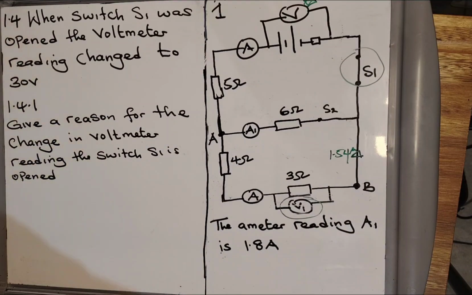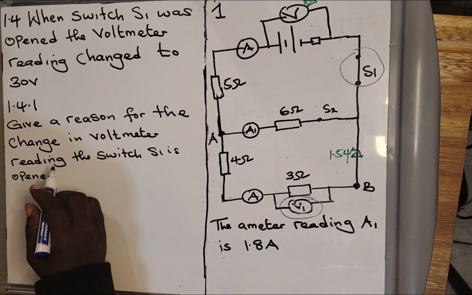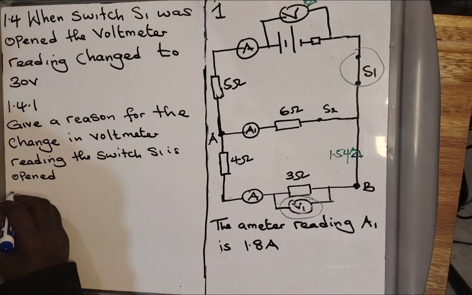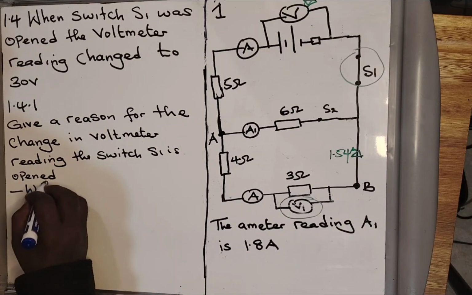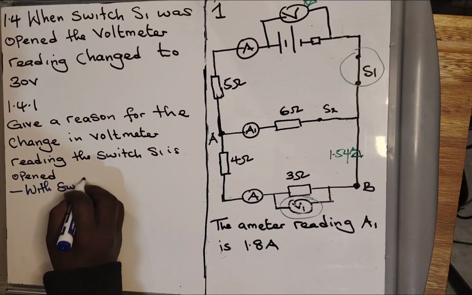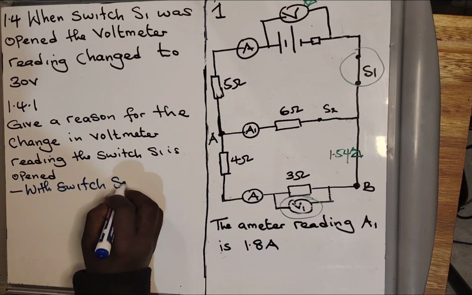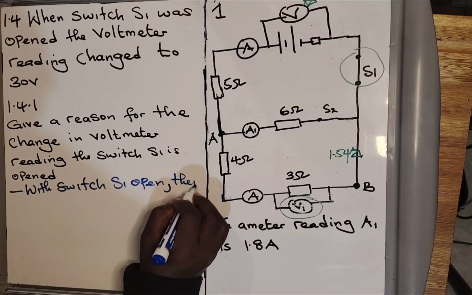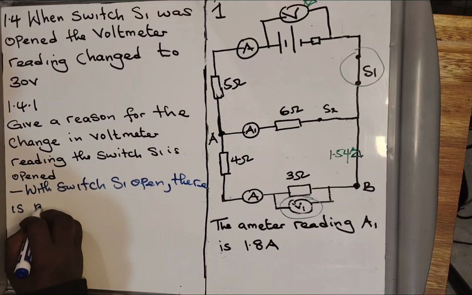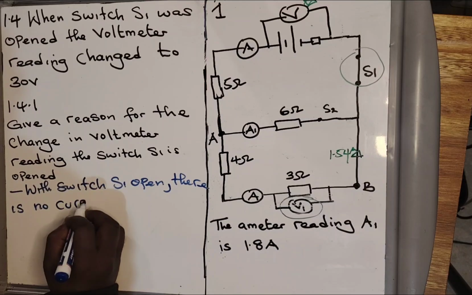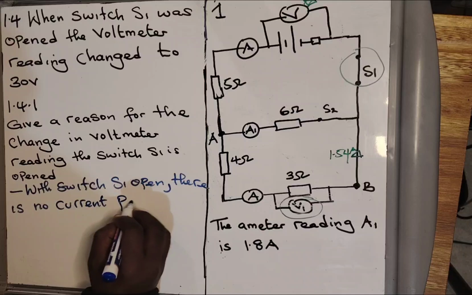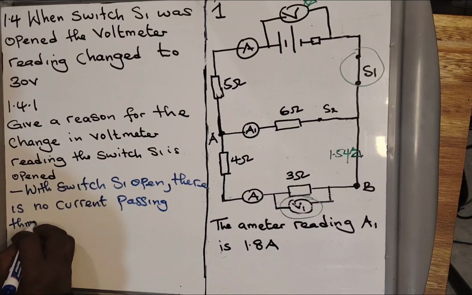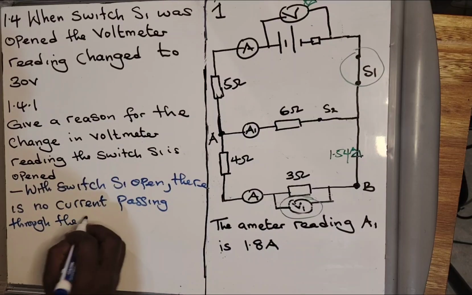The question says, give a reason for the change in voltmeter reading when the switch S1 is open. So I say, with the switch S1 open, there is no current passing through the battery.